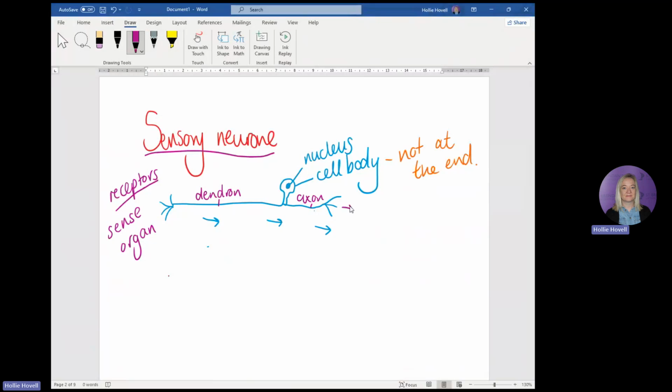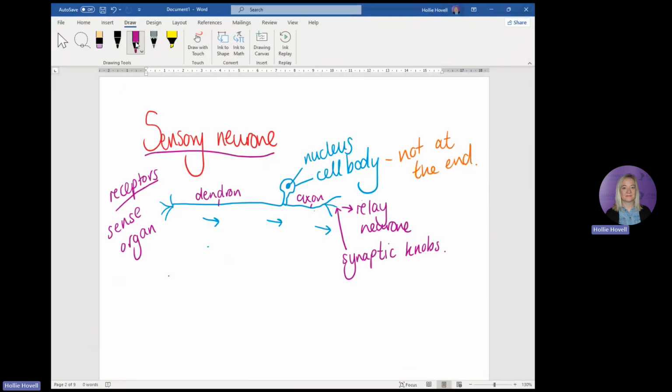So it then sends the signal on to the next neuron, which is called the relay neuron. And the way that one neuron connects to another one is at synapses. So at this end here, we're going to have what we call synaptic knobs. And if you watch the video on synapses, then you'll find out what synaptic knobs are. Okay, but because that end connects to another neuron, it'll have synaptic knobs at that end.